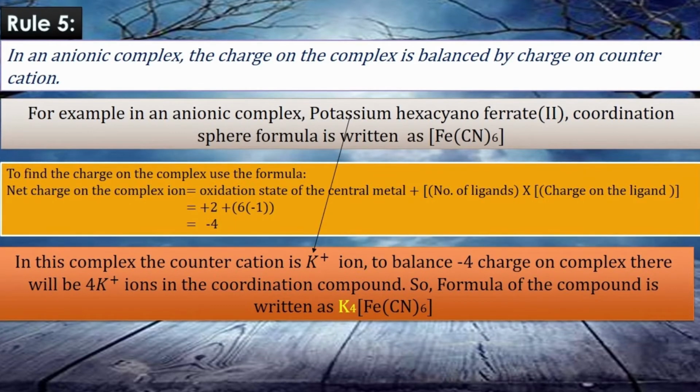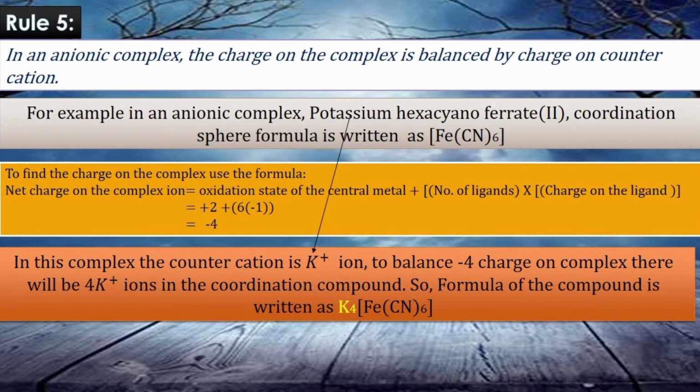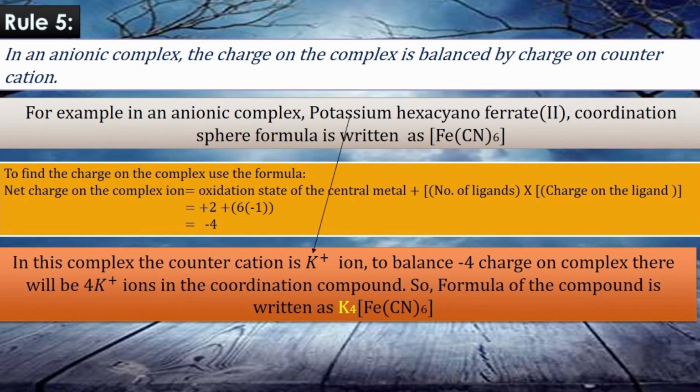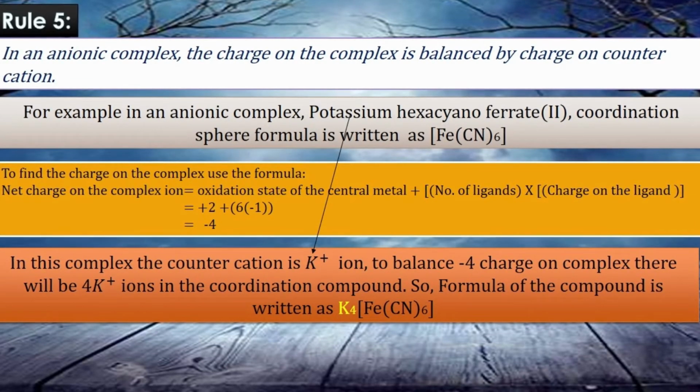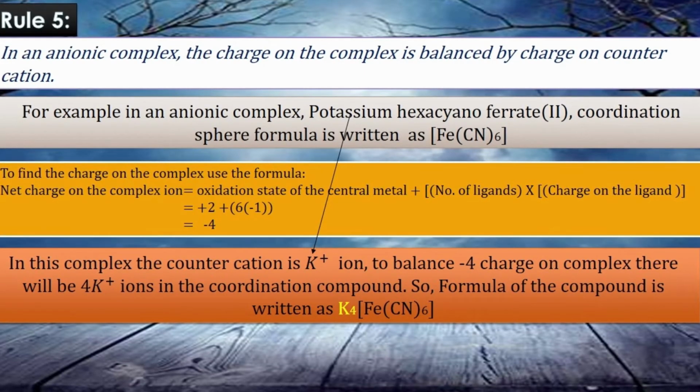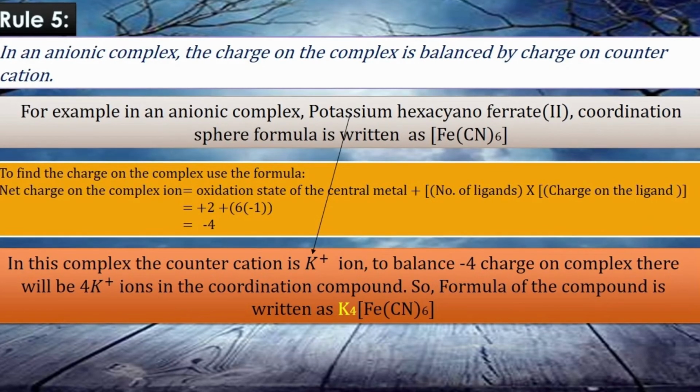Here the compound name is potassium hexacyanoferrate(II). So oxidation state on iron will be +2, plus we have 6 cyano ligands and charge on each cyano ligand will be -1. So when you simplify, we get the net charge on the complex ion equal to -4.